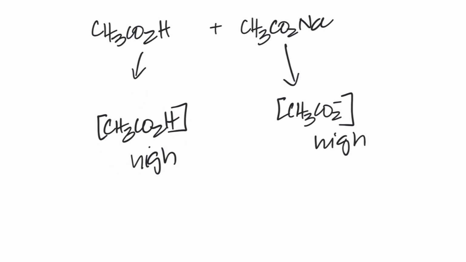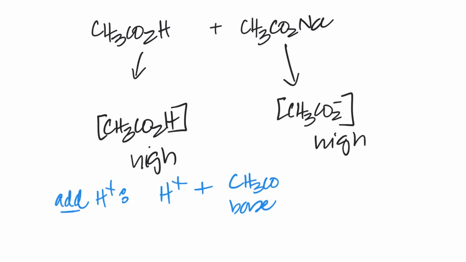So literally the exam will want to know how this solution will act as a buffer. So you say, let's say additionally I add H plus ions. What will happen is the H plus ions will react with the base. The base is the conjugate base, or the salt of the acid. And what this equation shows is that whatever H plus ions you add are converted by the base into the conjugate acid.